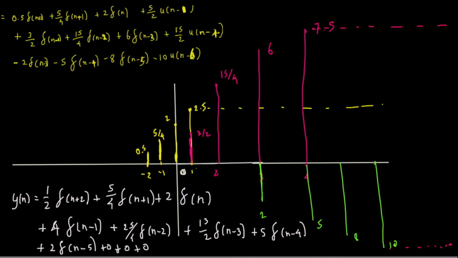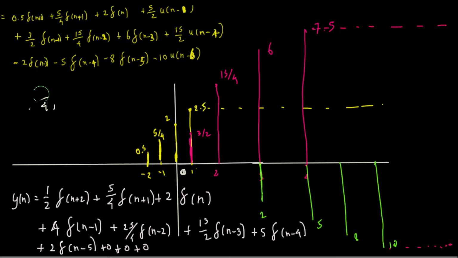Like if we just take the amplitude of each one, then we are going to have, let me use a different color so that it will be very visible. If I just take the amplitude, that's going to be half first, and then 5/4 second. Okay, we can also say y of n is equal to all this.